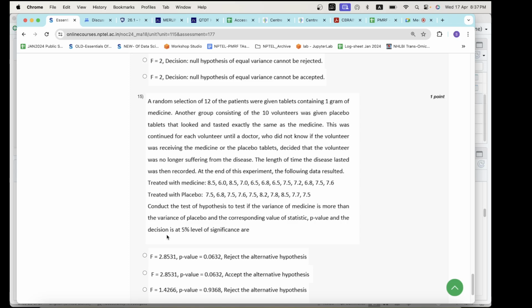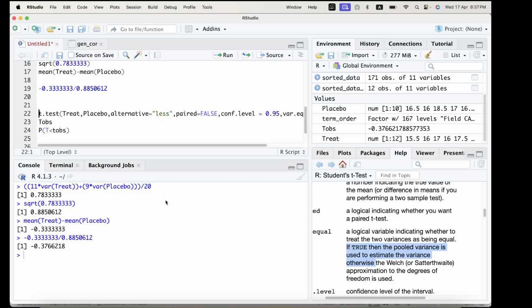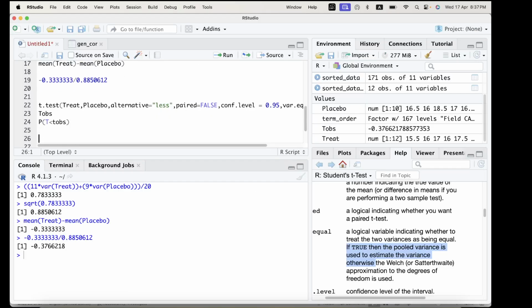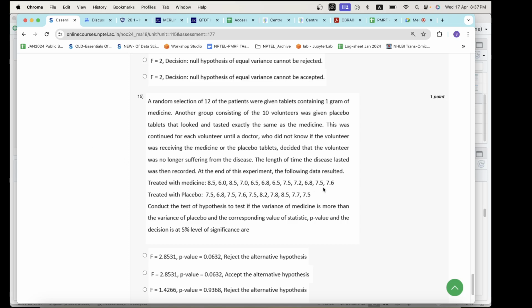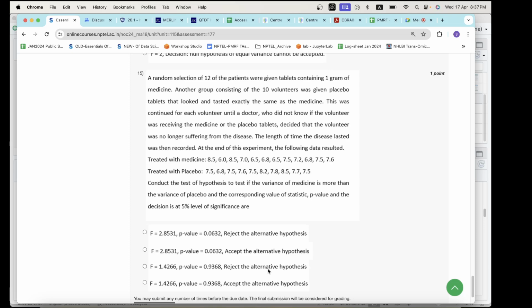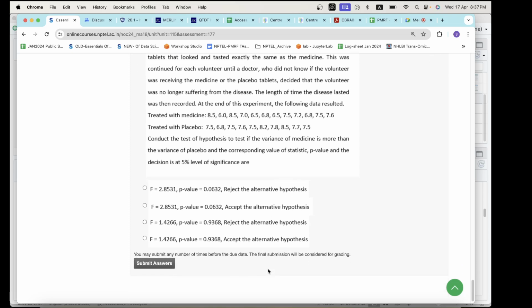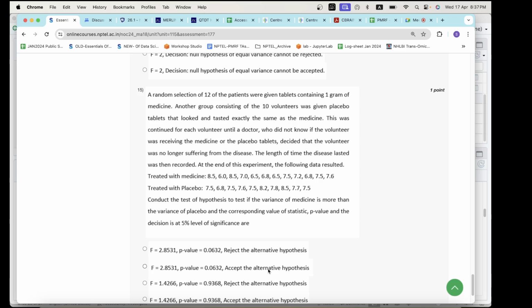Okay, this is the test for variance. This one you have to do var.test. Same values? No, different. Here also you are facing the same issue.